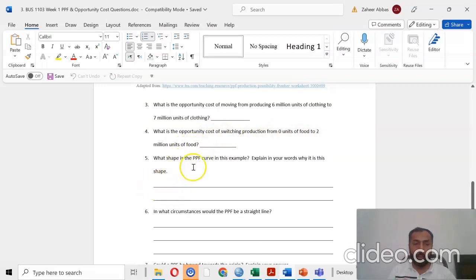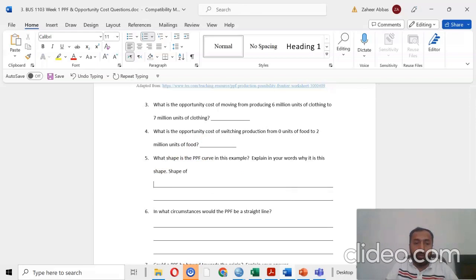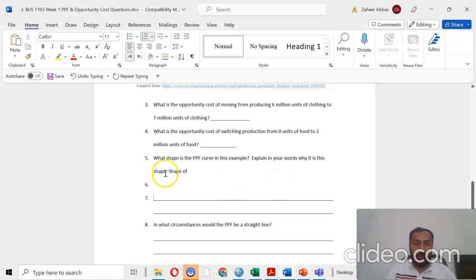Then the next question is, what shape is the PPF in this curve? The answer is that the shape of the PPF is concave to the origin because of increasing opportunity cost.